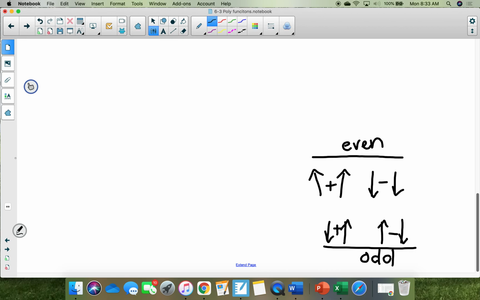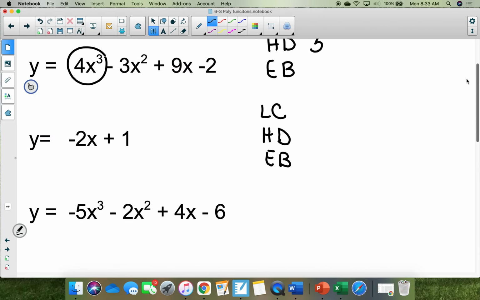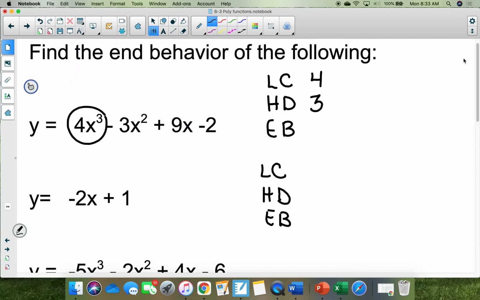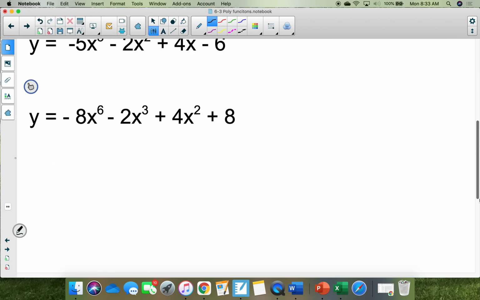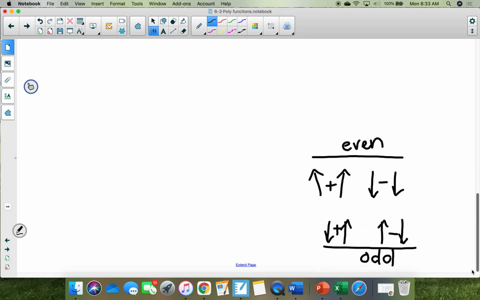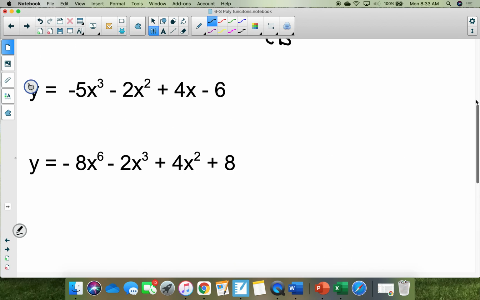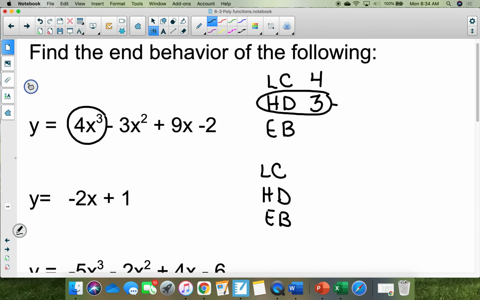Okay, so let's go back up into here. Your highest degree is 3. So let's go back down to here. Your highest degree is 3. That's an odd number. 3 is odd. So I'm going to put down this is odd.